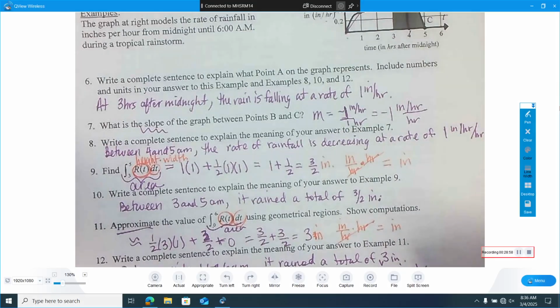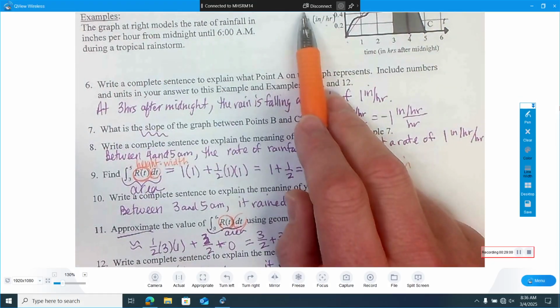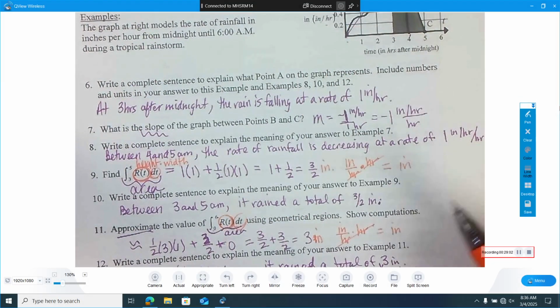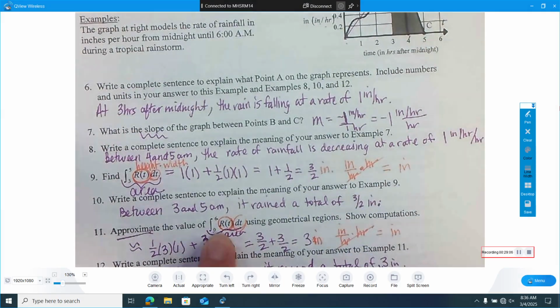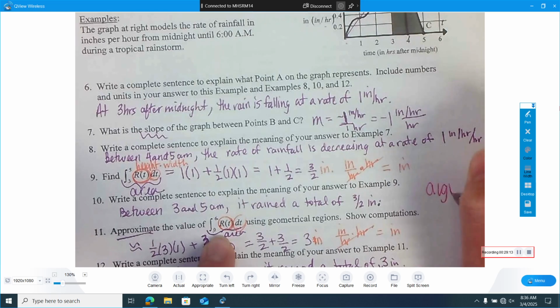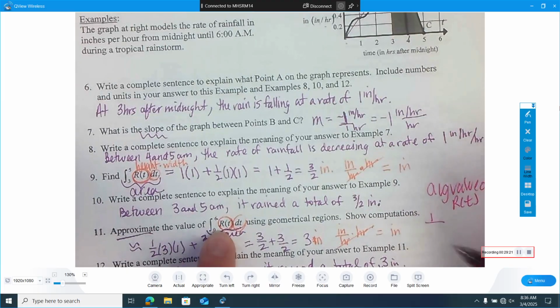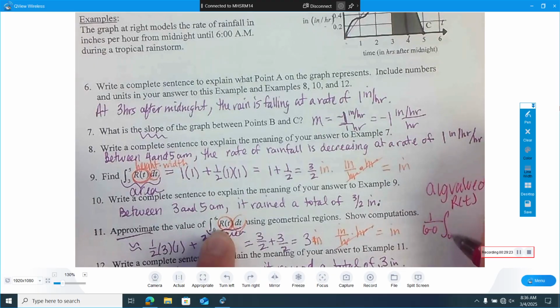If we were to ask, what's the average value of R of t from, let's say, 0 to 6 a.m.? The average value of R of t would be 1 over b minus a, so 6 minus 0, times the integral from 0 to 6 of R of t dt.